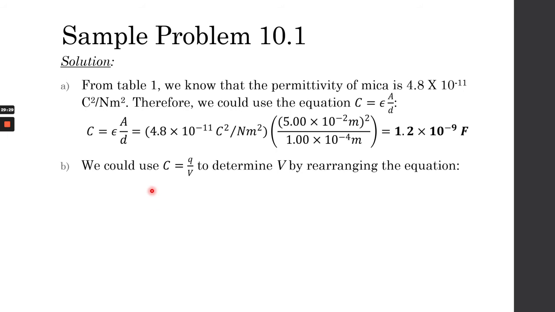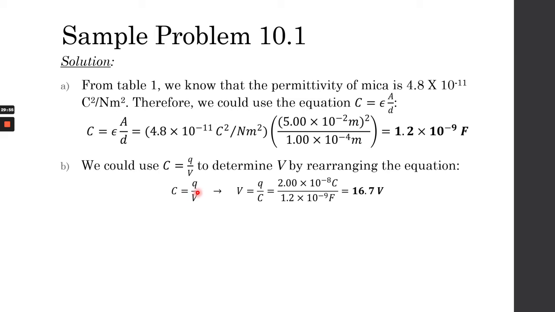Next, we could use C is equal to the charge of one plate divided by the potential difference. But we're looking for V, not capacitance, because we already measured the capacitance. This time we know Q and we know C, so we can rearrange the equation to solve for the potential difference between the two plates.